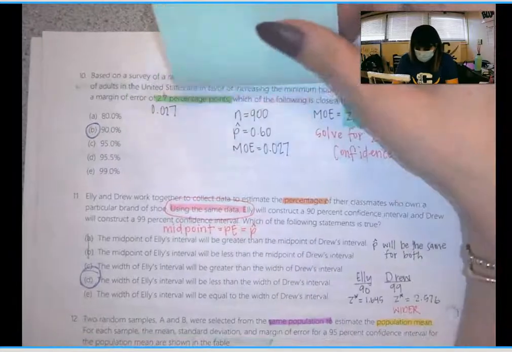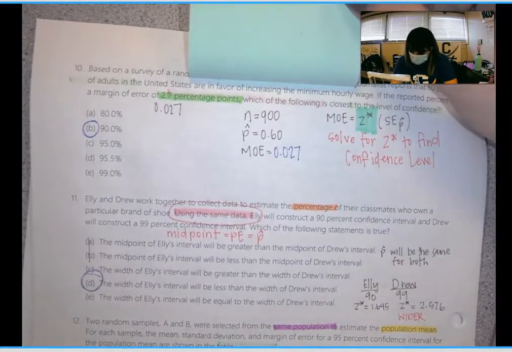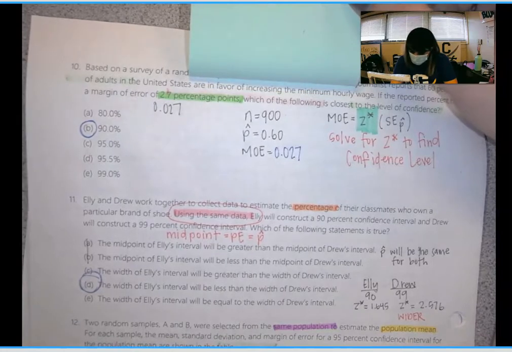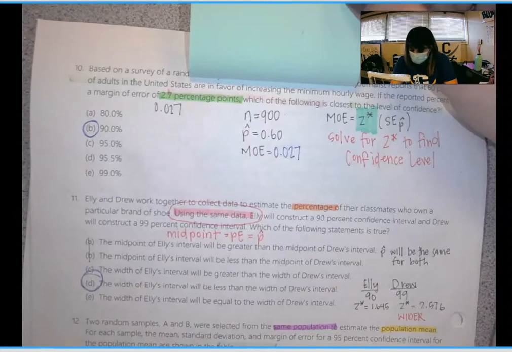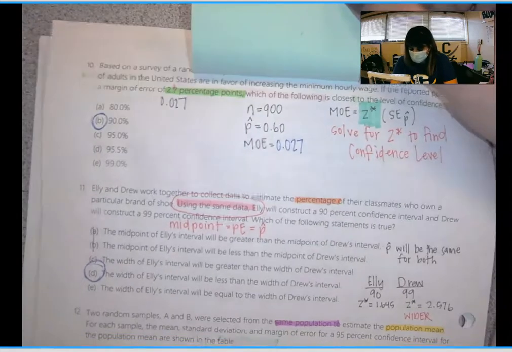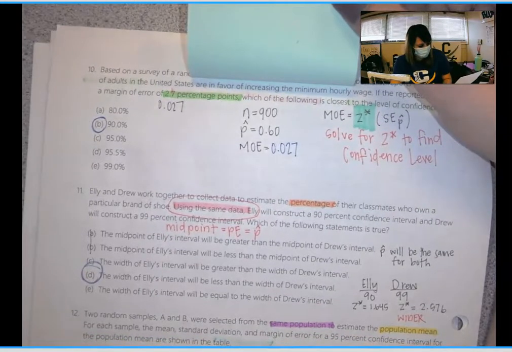Okay, so this one I needed a little bit extra space. They want, the reported percent has a margin of error of 2.7 percentage points, which is closest to the level of confidence. So we have this on our overview here.